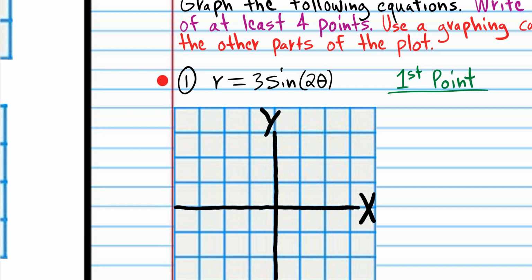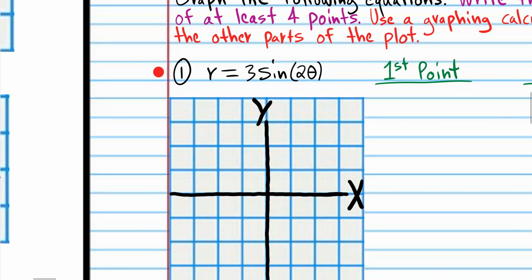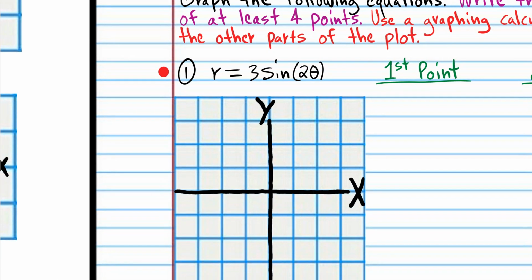It's very common to have problems with the calculator. So if you do have problems, don't panic. You just have to adjust something in your window. So push the window button and just play with the numbers until you get the right graph.